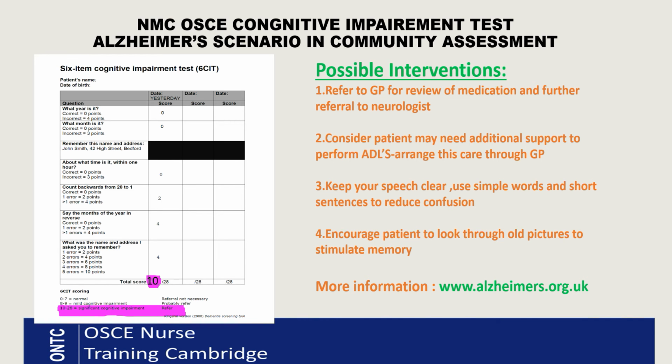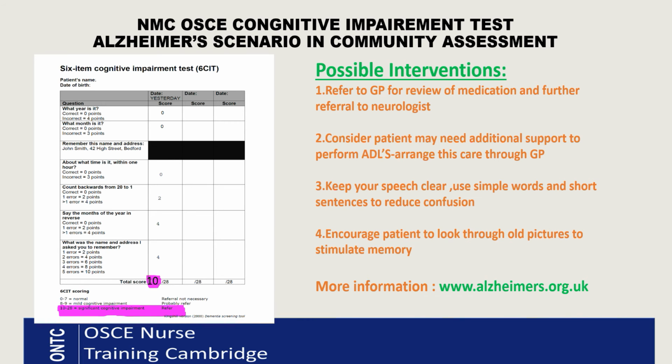Another thing to think about is you will verbalize that you will keep your speech with the patient clear, use simple words and short sentences to reduce confusion, because that is the main intervention.